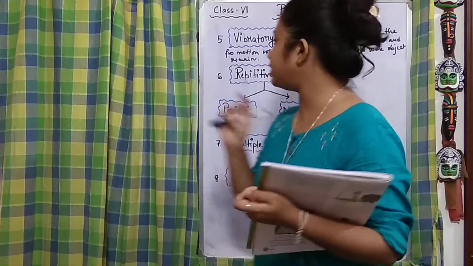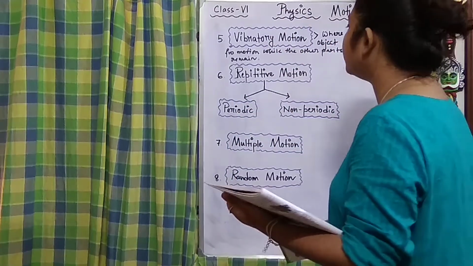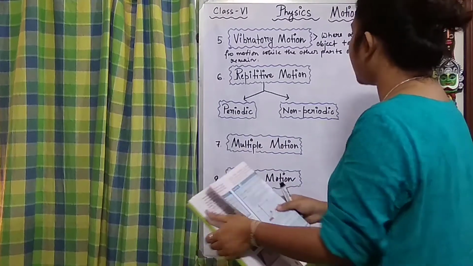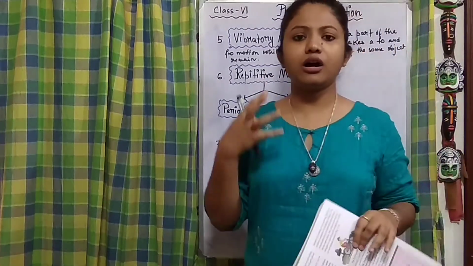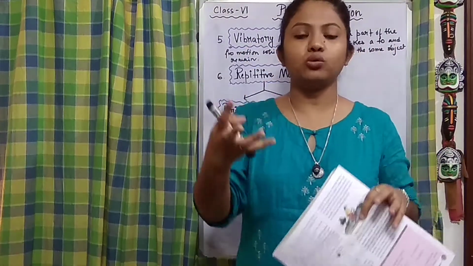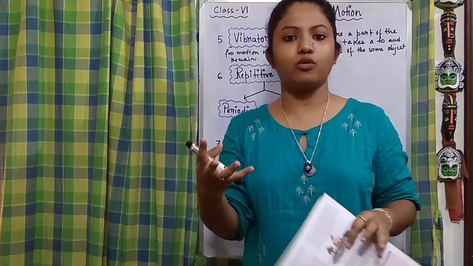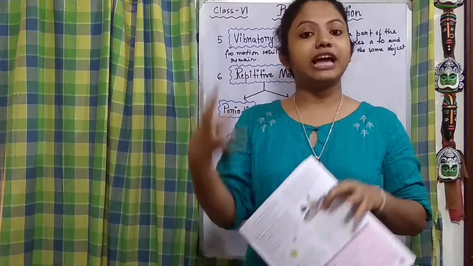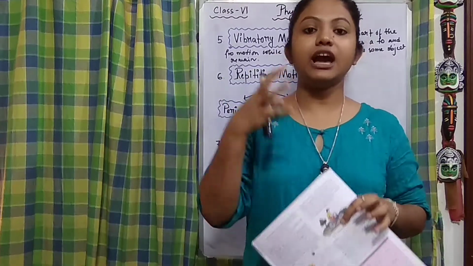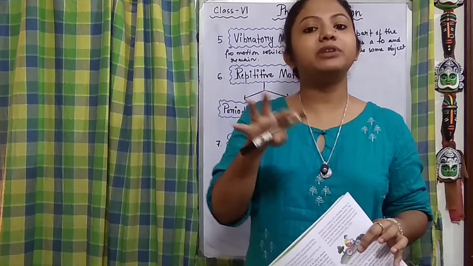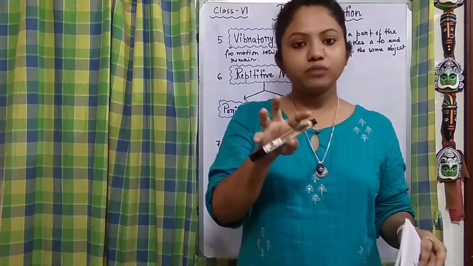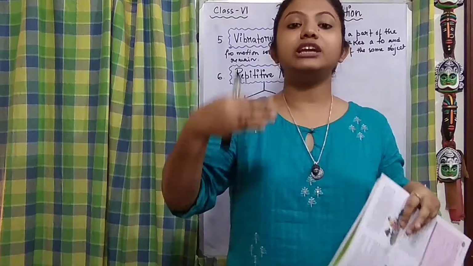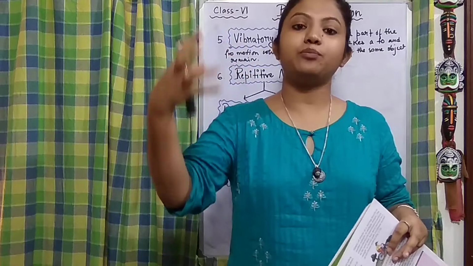After that, we will be talking about repetitive motion. Now what is it? When an object displays any kind of motion at a regular interval of time, we can say the object is in repetitive motion, because that object is repetitively displaying a certain type of motion.